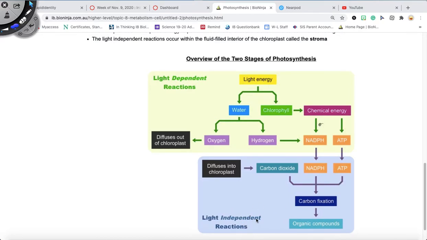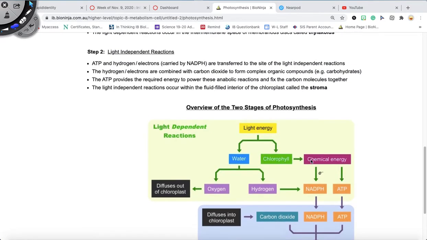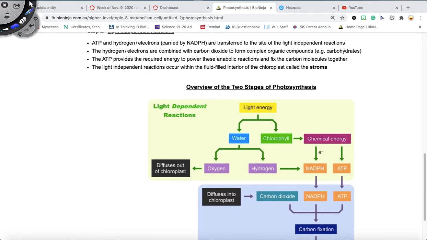And again, it's called independent of light because no light is needed to drive these reactions. So what happens afterwards? So now you have the ATP and the hydrogen electron carriers in the form of the reduced NADPH, and they're going to play a role in these light independent reactions.